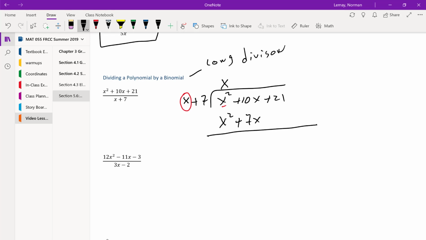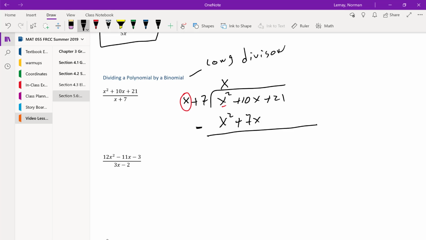Okay, so just like we did before, we have to subtract. When we do the subtraction, I'm going to put my subtraction over here for right now. What we have to do is remember it's going to be x squared minus x squared, and then 10x minus 7x.